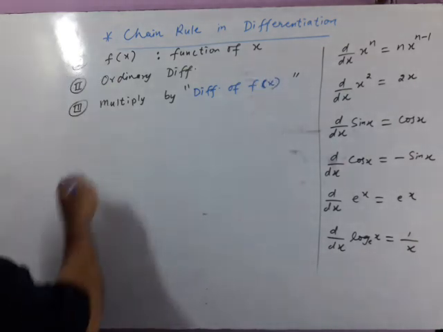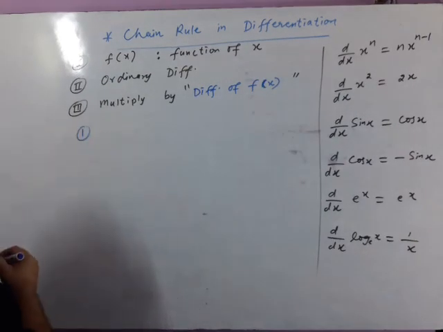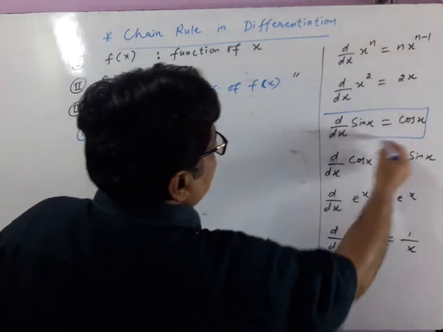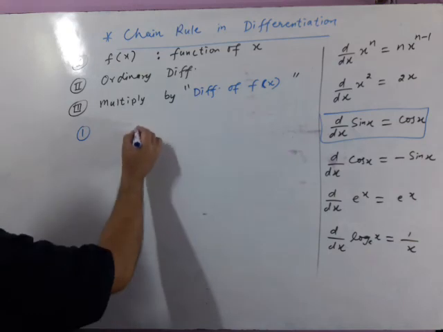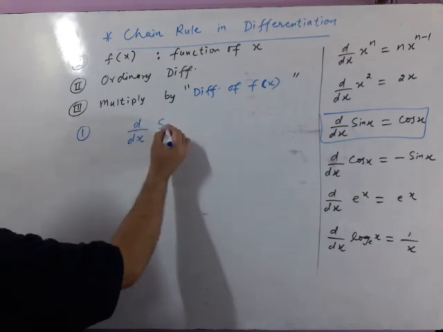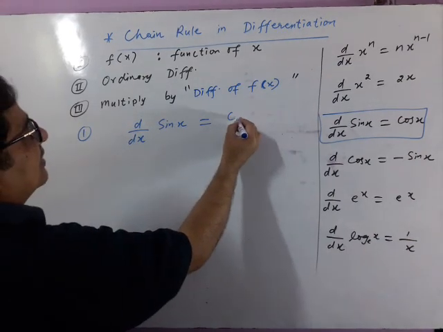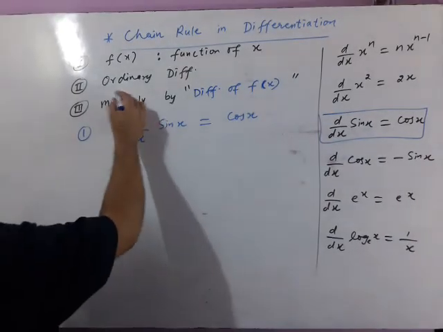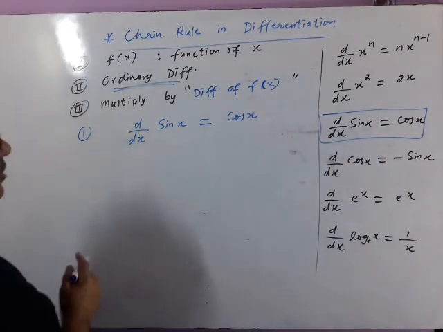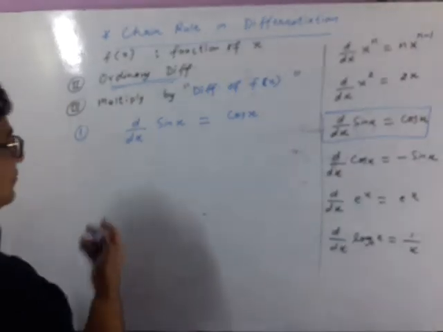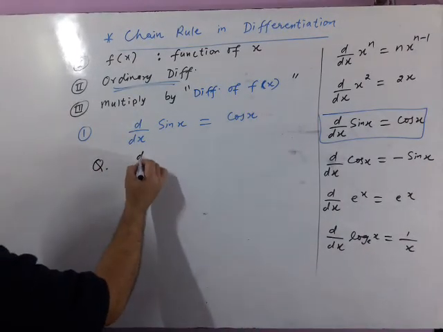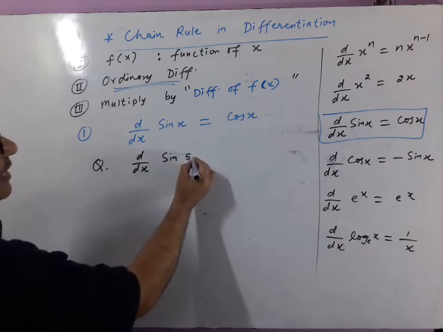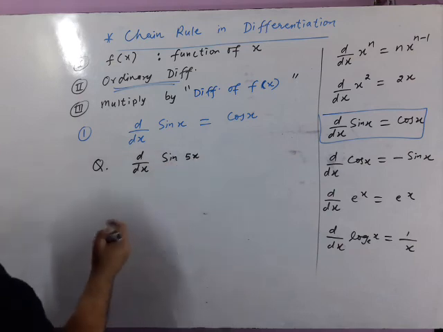Now see, question number 1. You know this formula. Differentiation of sin x is cos x. This is ordinary differentiation, ordinary formula, basic formula. Now if the question is differentiate sin 5x, now focus.